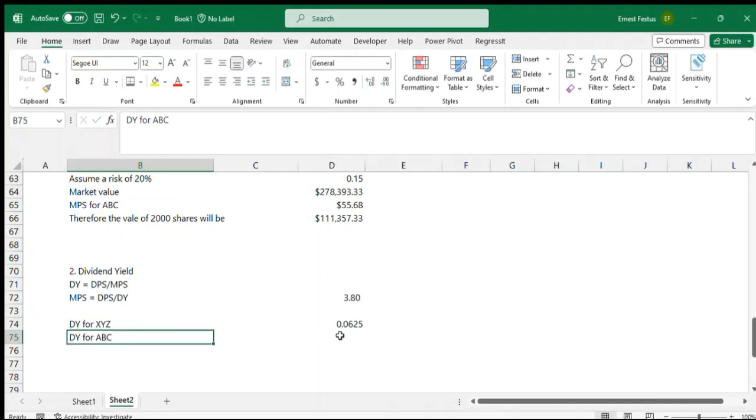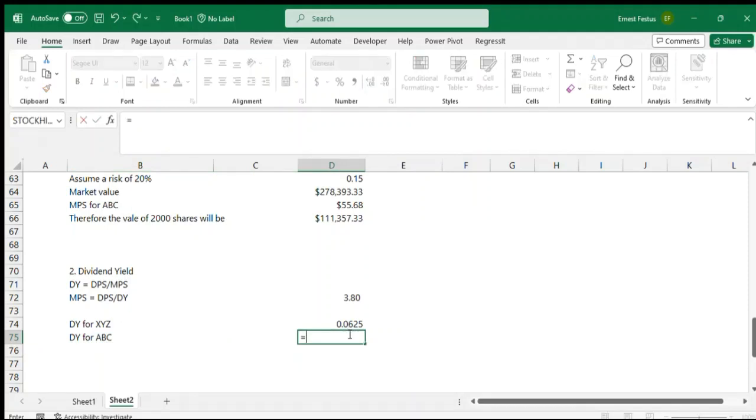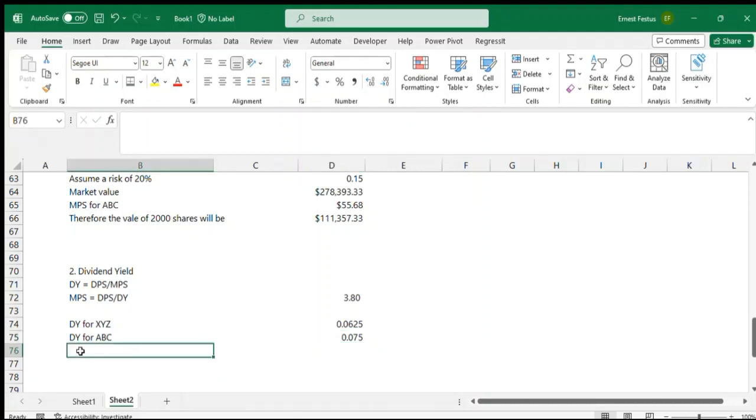So the DY for ABC is going to be adjusted for the risk. So we're going to pick this and multiply it by 1.2, which is 120%. So I have that. So that is it for the unquoted company.